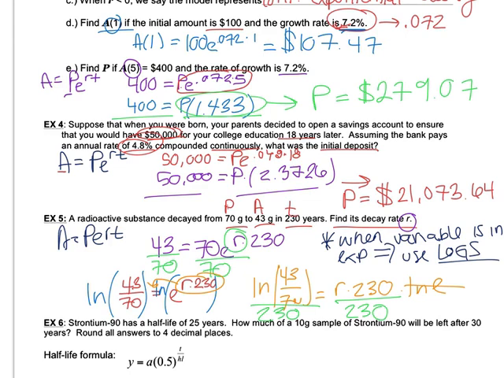So I got that r equals negative 0.0021. So think about what that means. Does it make sense for our problem? We were asked to find the decay rate of something, so it should be negative. And it is about negative 0.2%. So you can leave it as a decimal or you can write it as a percentage.